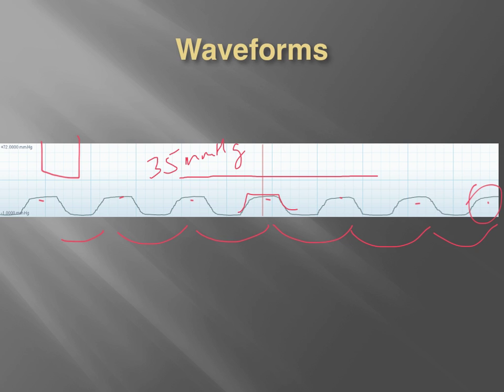So this is a case where the respiratory rate is high and the end tidal is low, and we also have a normal waveform, and we have a decrease in size of the waveform, which is reflective of that low end tidal.